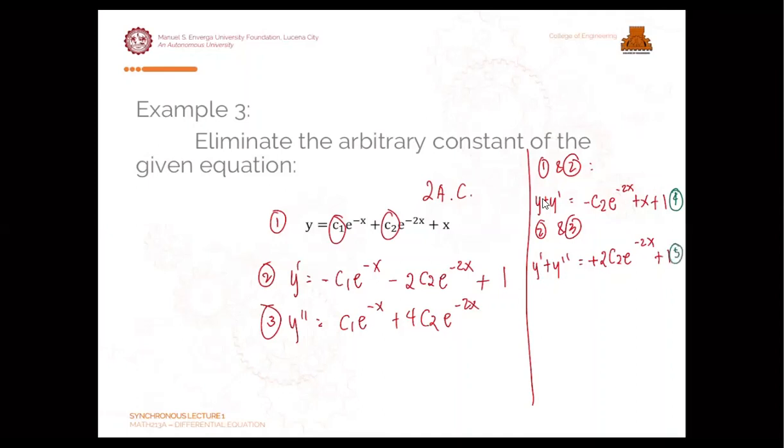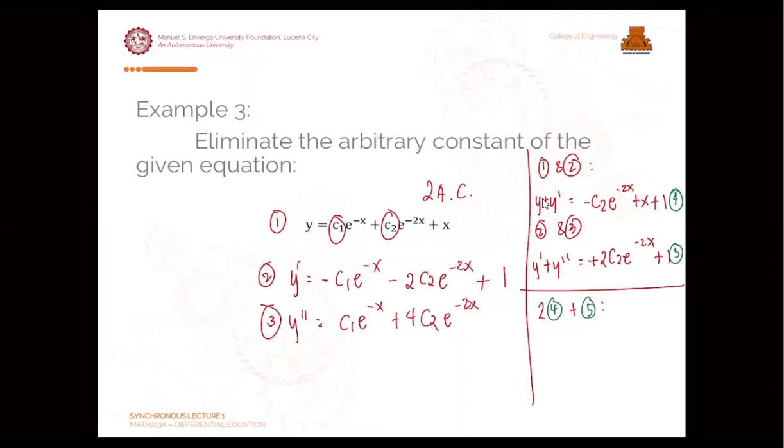Then, para ma-eliminate si c2 e negative 2x, kailangan kunin natin yung sum ng 4 and 5, pero yung 4 kailangan i-multiply natin sa 2. Okay? So, yung equation 4 natin, multiply natin ng 2, tapos i-add natin sa equation 5.